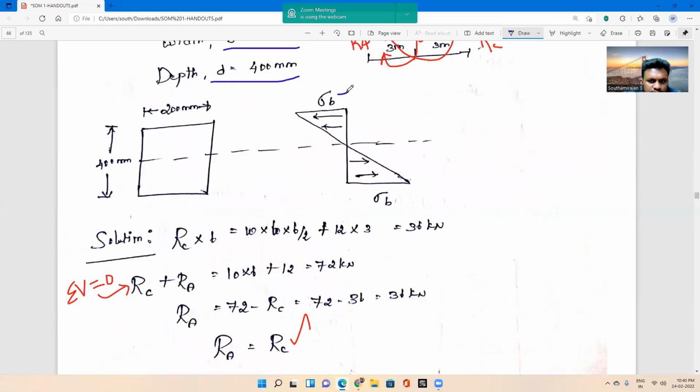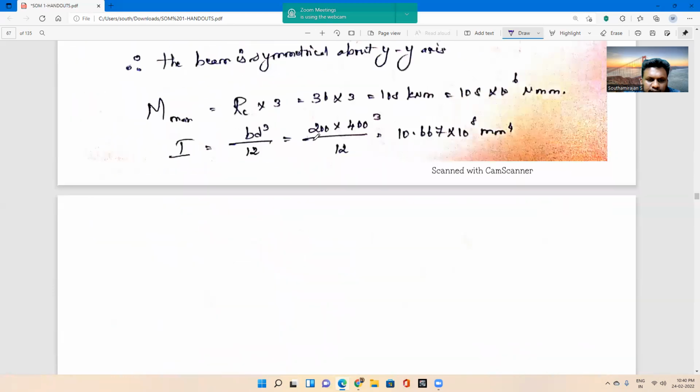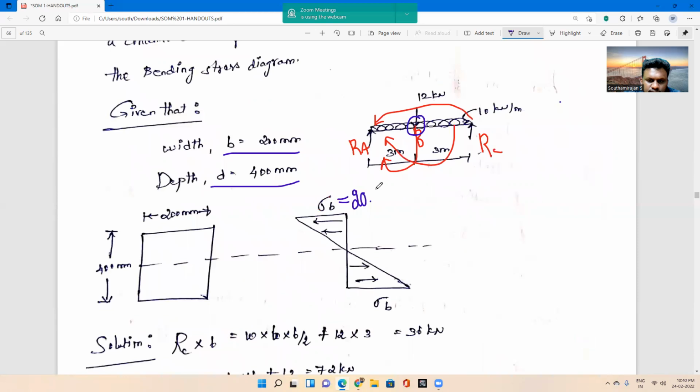The value will be 20.55 Newton per mm square at the top as well as the bottom. At the bottom it will also be the same value, 20.55 Newton per mm square.